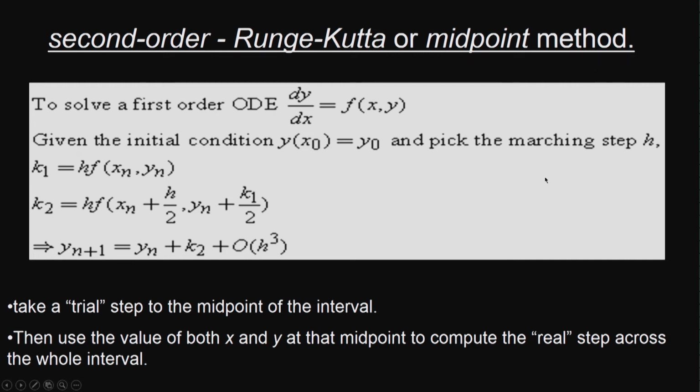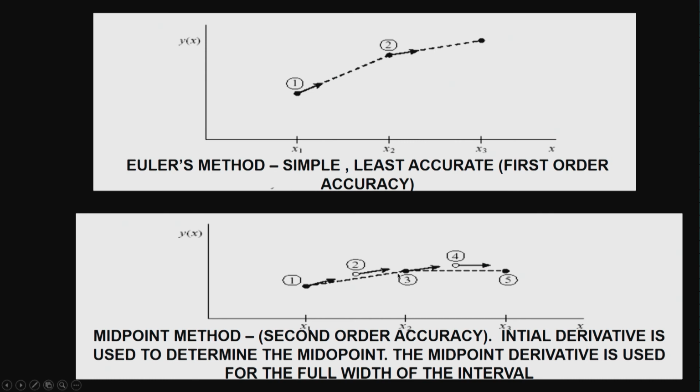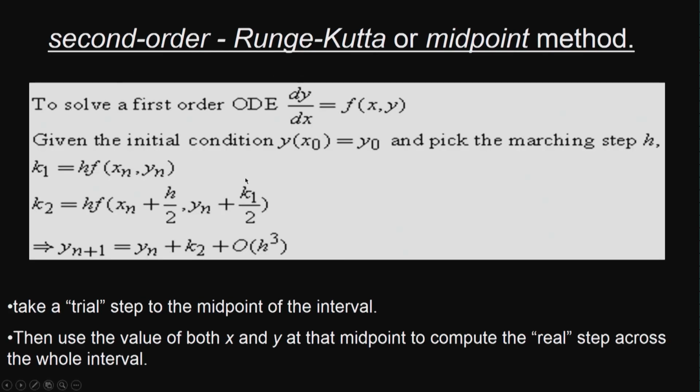This is the midpoint method, that is the midpoint here, which you make use of to calculate yn plus 1. So, if you want to solve dy by dx is equal to f(x, y), the initial condition is y(x naught) is equal to y naught, and we have the step length h. First calculate k1, which is h into f(xn, yn), that is at the starting point.